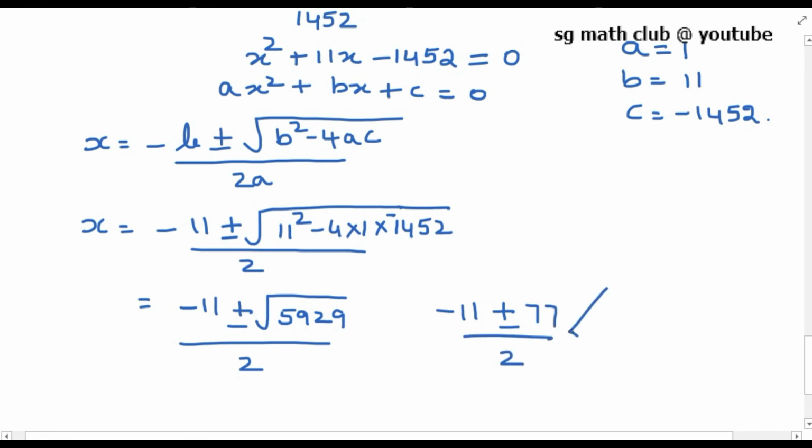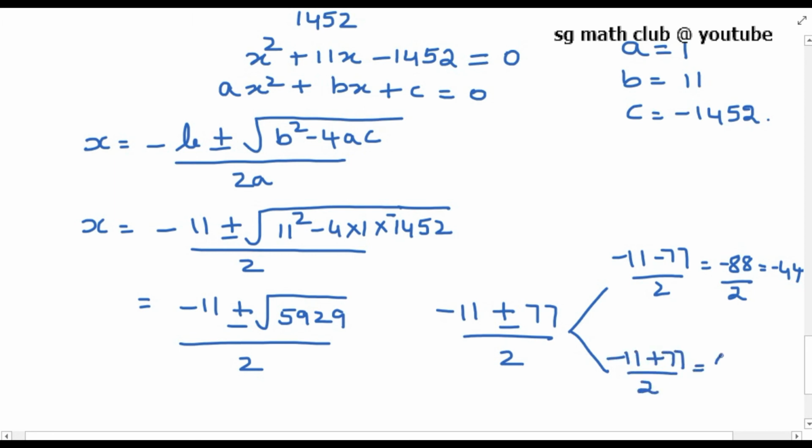Which is equal to minus 11 minus 77 by 2, that is minus 88 by 2, which is minus 44. Speed cannot be negative. Again, minus 11 plus 77 by 2, which is 66 by 2, is 33 km per hour.